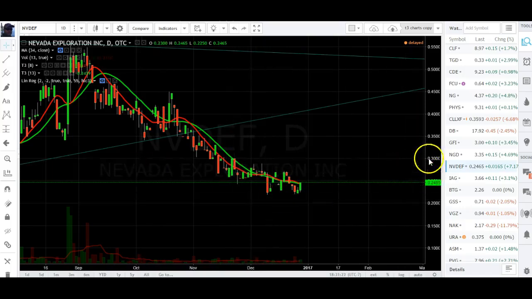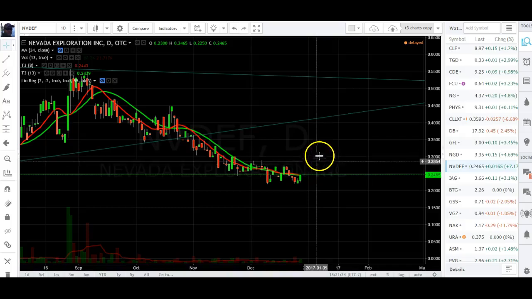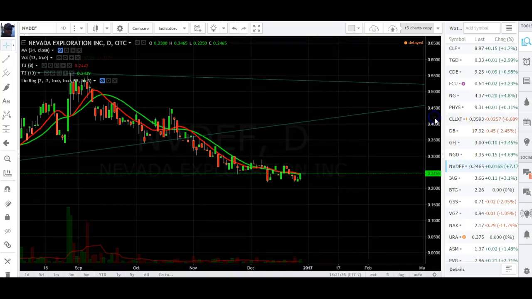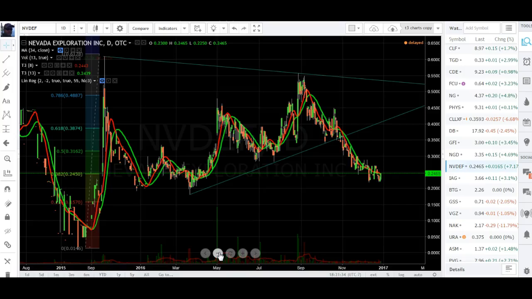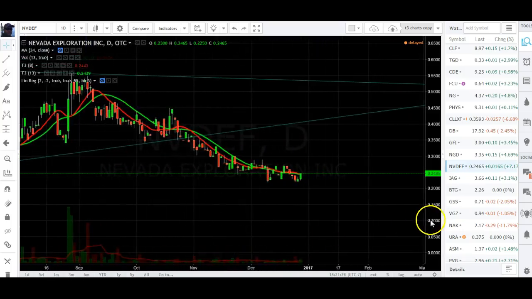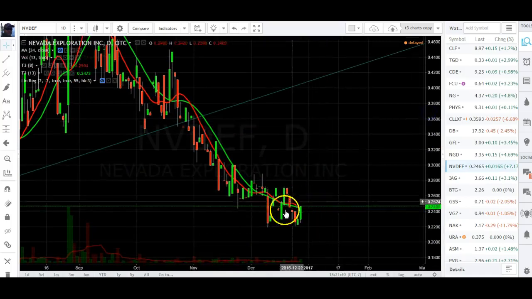But once it makes higher highs, we can run with it. Plus a volume breakout. Watch for a volume breakout on this one. We do have a double bottom.